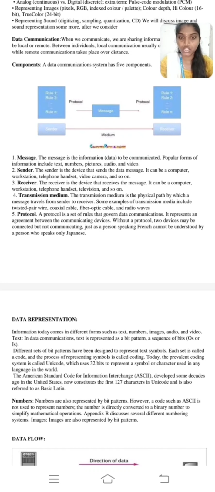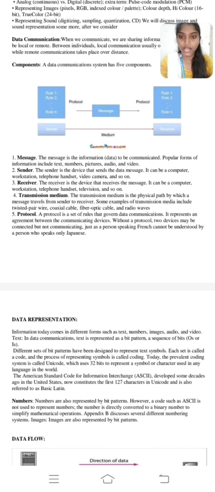Next one is transmission medium. The transmission medium is the physical path by which a message travels from sender to receiver. Some examples of transmission media include twisted-pair wire, coaxial cable, fiber-optic cable, and radio waves. Next one is protocol. A protocol is a set of rules that govern data communication.